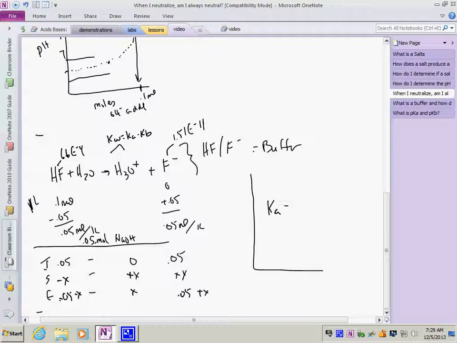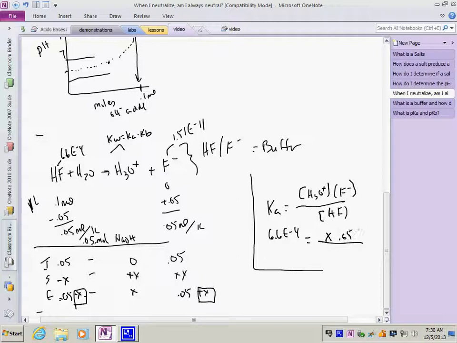The Ka equals 6.6 e to the negative 4th. The concentration of the H3O plus, concentration of the F negative, over the concentration of HF. Now you'll notice mathematically at this point we get x. I'll use the shortcut rule right here to avoid a quadratic equation.